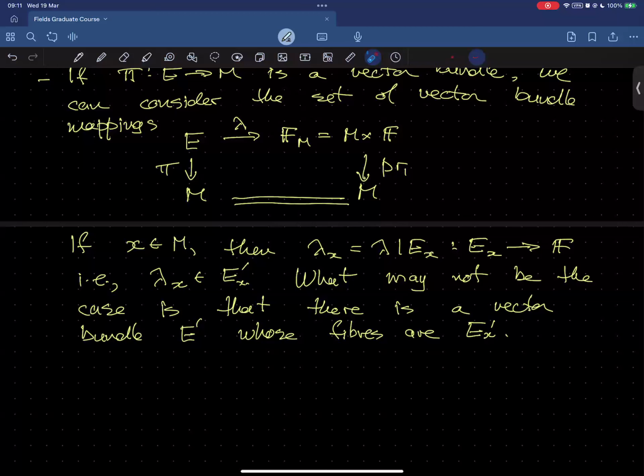Well, the V's for this vector bundle that we'd like to exist, the fibers, are going to be these guys, and they don't necessarily have a natural locally convex structure. Okay.